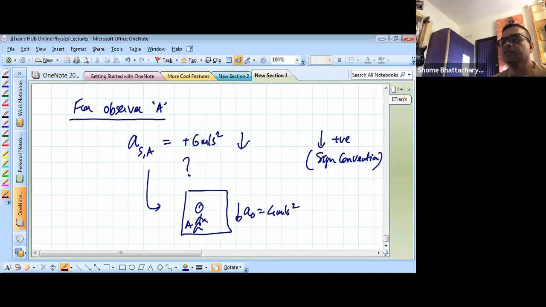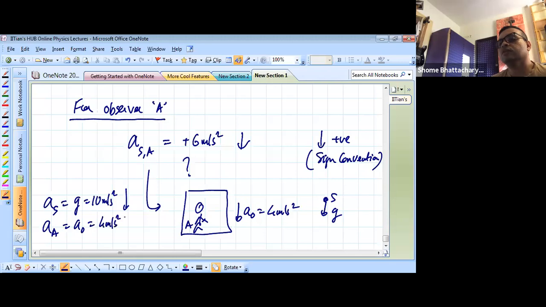Whereas the screw is falling inside the elevator, and it's coming down with how much acceleration? It's coming down with g. So acceleration of the screw is equal to g, or 10 meters per second square downwards. Acceleration of the observer A is a naught, or 4 meters per second square downwards.